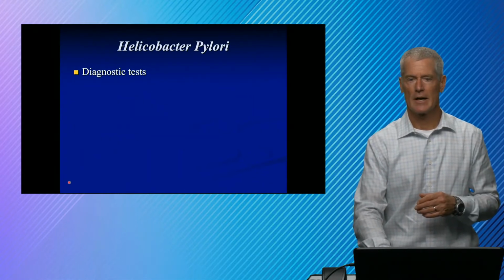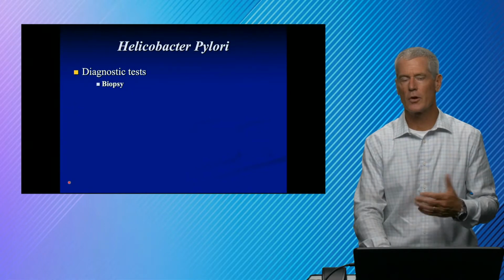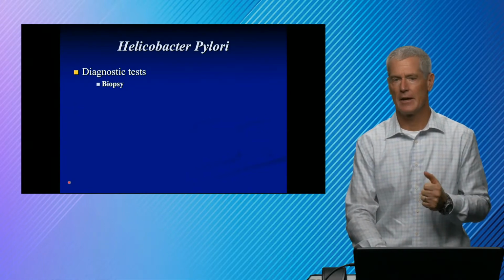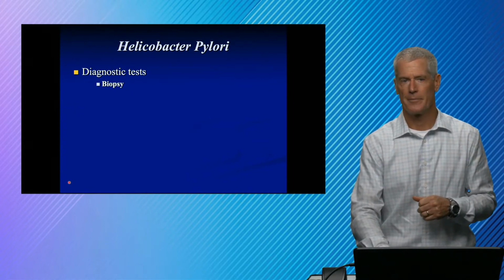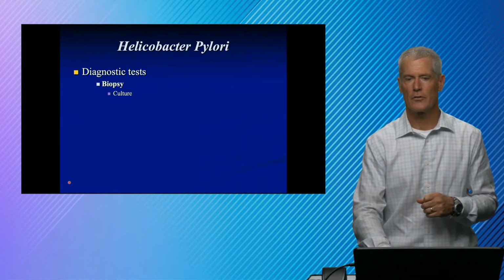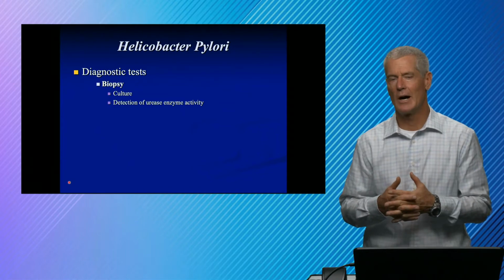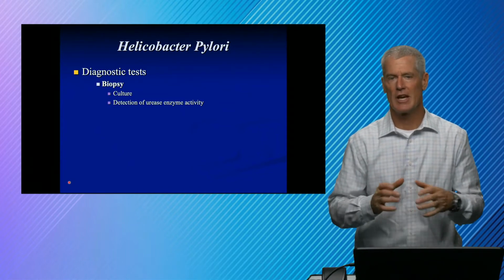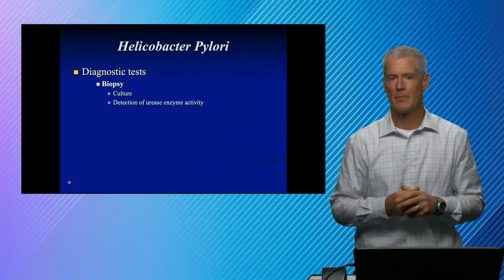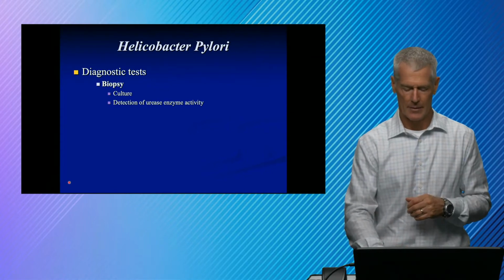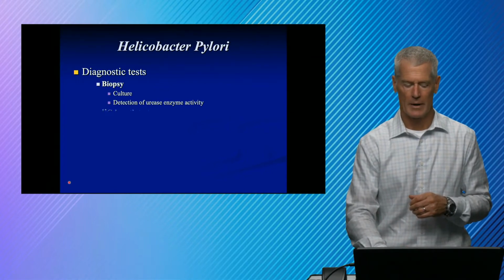Helicobacter pylori, diagnostically, historically it's been a biopsy and a culture. And the culture, what they're actually looking for is urease activity, and we'll see why the urease actually changes the local pH, and that can be picked up on plates and is useful when doing biopsies.